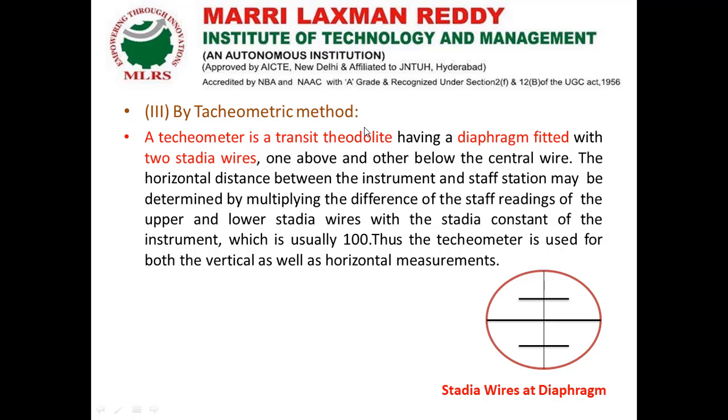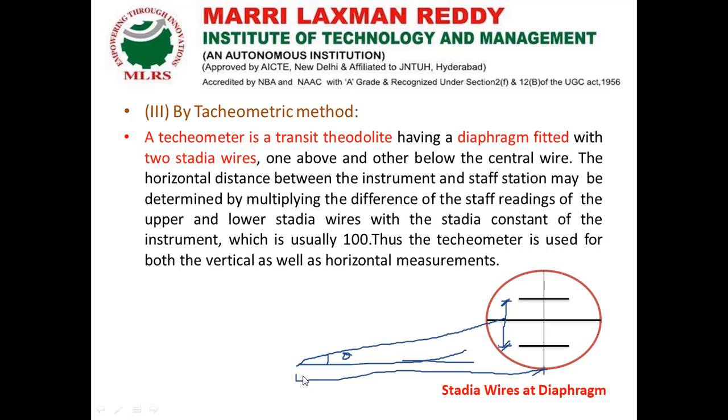That is the difference between the diaphragm readings, whatever we are going to look at on the leveling staff, and the angle we have with respect to the middle hair from the instrument. By using that we are going to calculate the horizontal distance. This is called the tachyometric method.